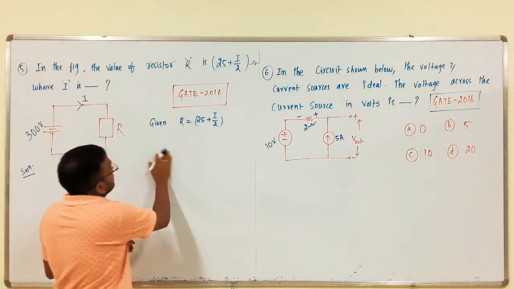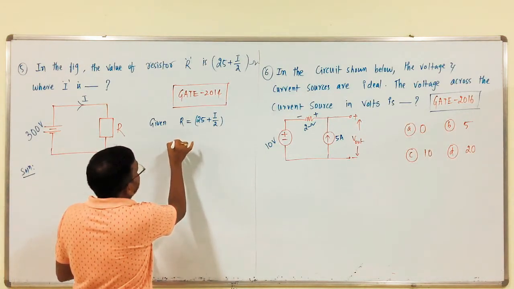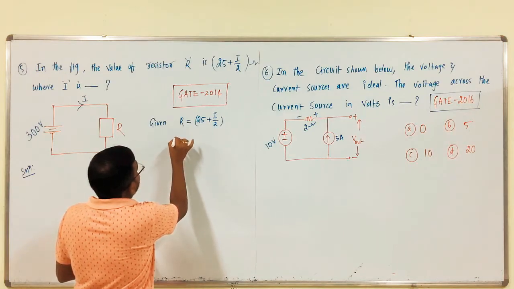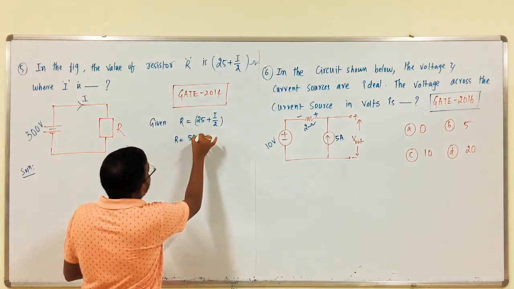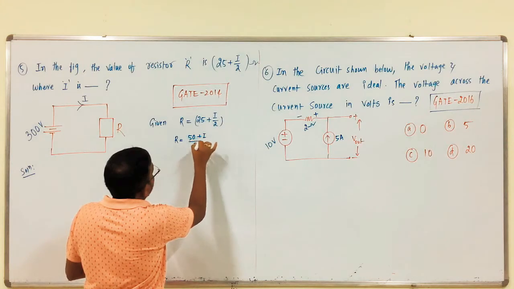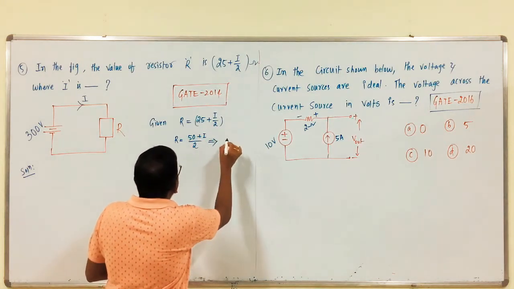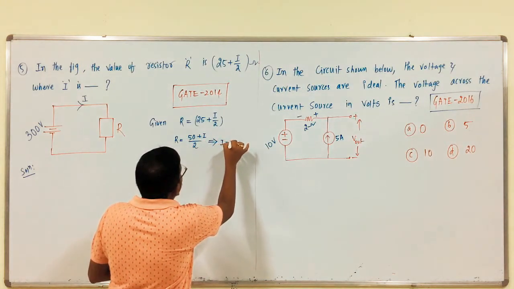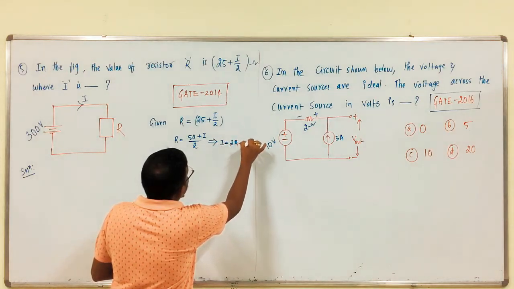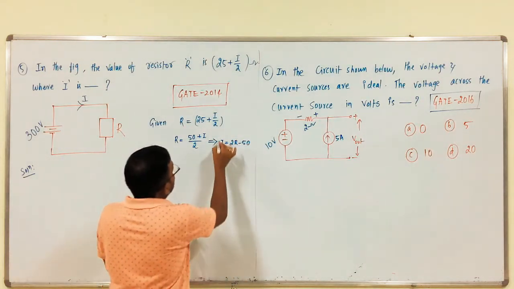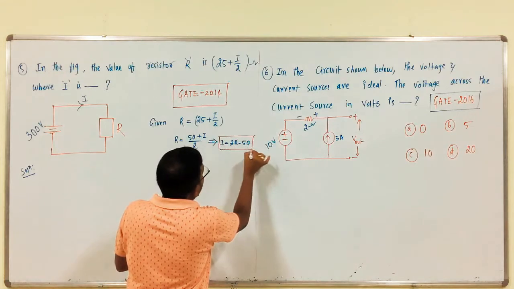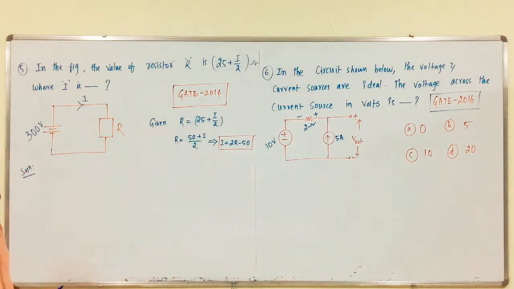So, from this we have to calculate I. R is equals to 50 plus I by 2, right. From this I is equals to 2R minus 50.